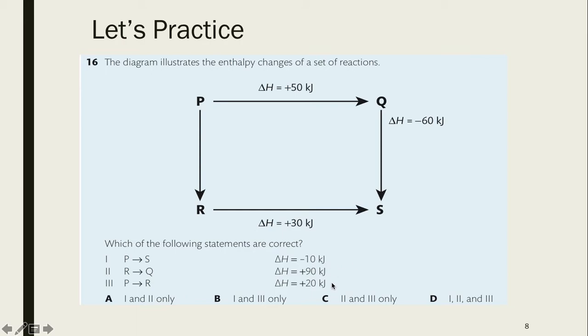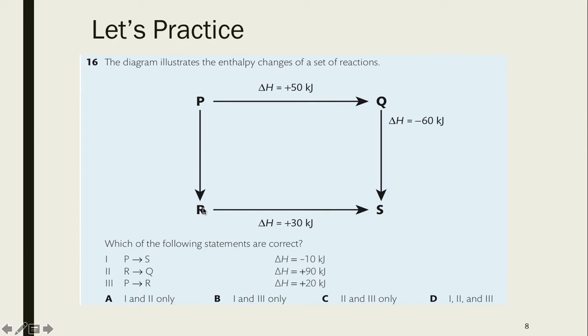Now let's see if the third example is correct. It says P to R is positive 20. So this is where we're trying to figure out what P to R is. Well, we know that P to S is negative 10, right? We figured that out going up top. Well, if this way is negative 10, then that means going P to S down should also equal negative 10. It doesn't matter which path you take, they're going to be equal.